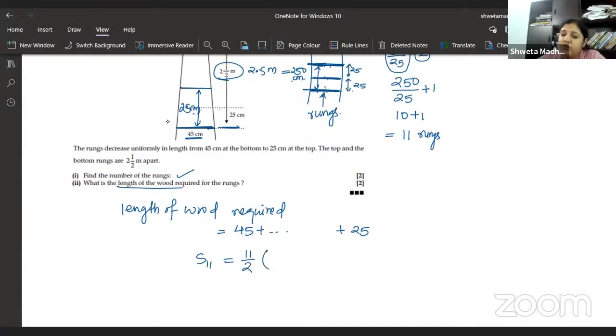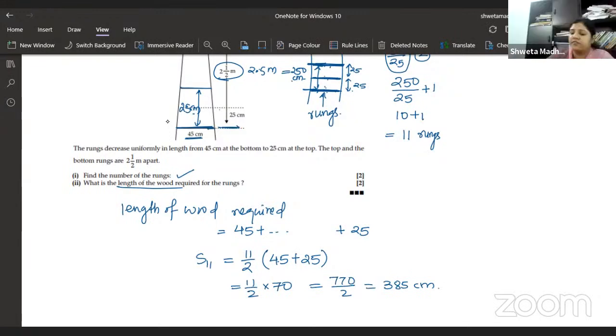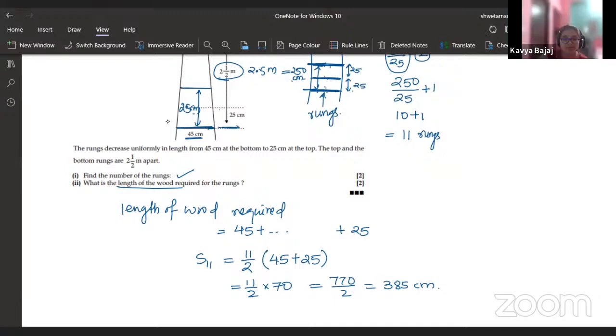So 11 by 2 into A plus An, that is 45 plus the last, 25. That gives 385 centimeters. Understood? Yes, ma'am.